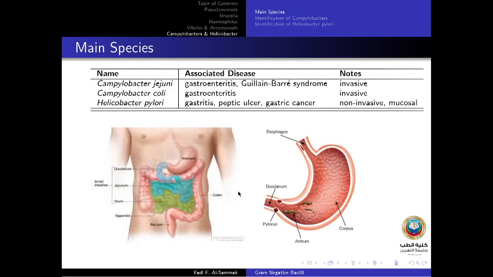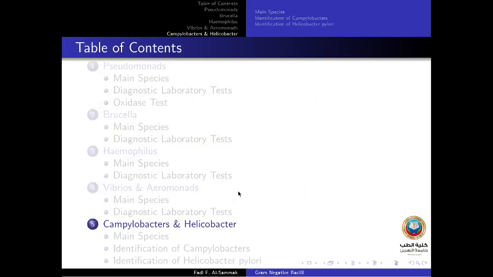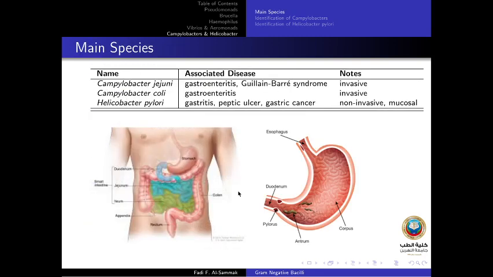Now we go to another two genera, Campylobacter and Helicobacter. For Campylobacter, we have Campylobacter jejuni, responsible for gastroenteritis, as well as Campylobacter coli. But with jejuni, the gastroenteritis can progress to a certain neurological syndrome called Guillain-Barré syndrome, which is considered a neurological emergency.